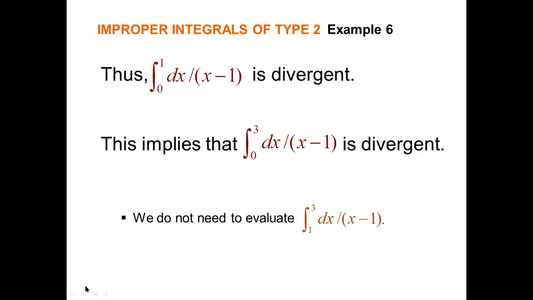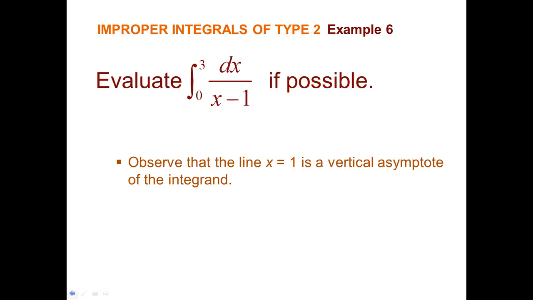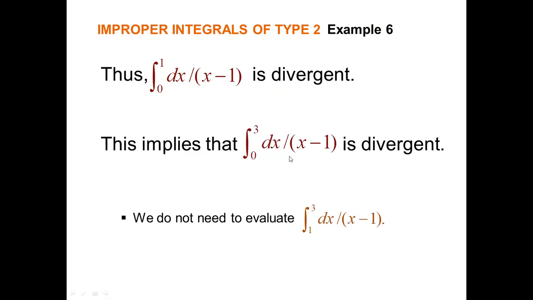So the question going back to the example was, whenever possible, evaluate this if possible. Since it's not possible, because one of the integrals in the sum of two integrals equivalent to your original is already divergent, the original is also divergent.